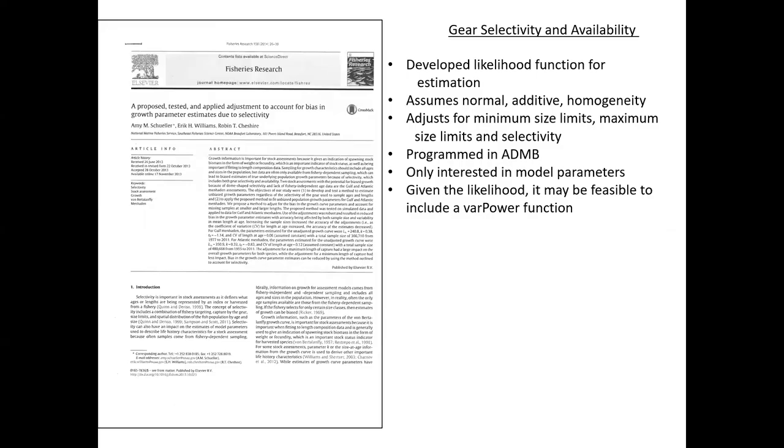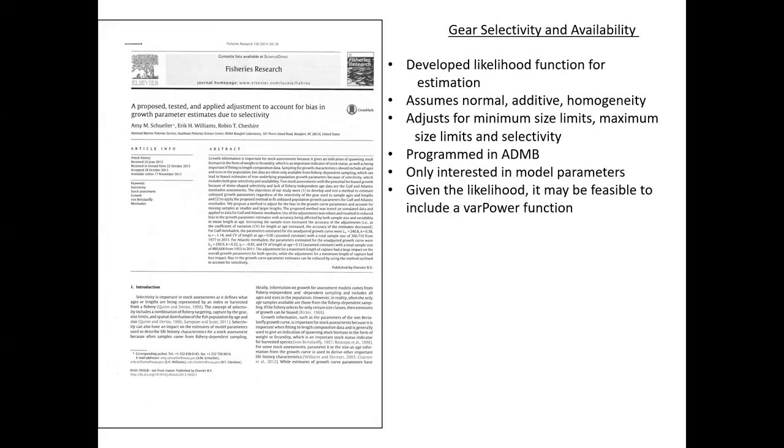And then another paper, from 2014, which is not that recent, but just to point out: if you're not collecting your fish appropriately, there may be some types of biases associated with selectivity and things like that. Amy Schueller and others down at the NMFS lab in North Carolina published a paper in 2014 where they developed methods for correcting for gear selectivity and availability.